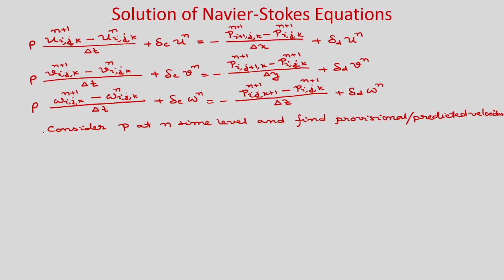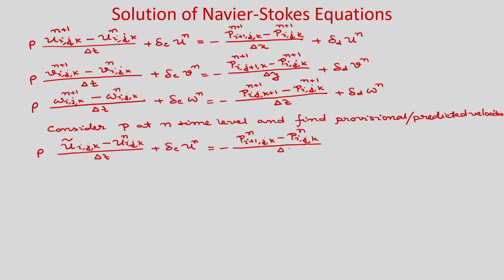Okay. So, for the u momentum equation you can write rho times, and whatever predicted velocity is there, we will denote as u tilde i j k minus u i j k from the previous time level n, divided by delta t, plus delta c u n, and this pressure we are taking from the previous time level, so p i plus 1 j k n minus p i j k n divided by delta x, plus delta d u n.